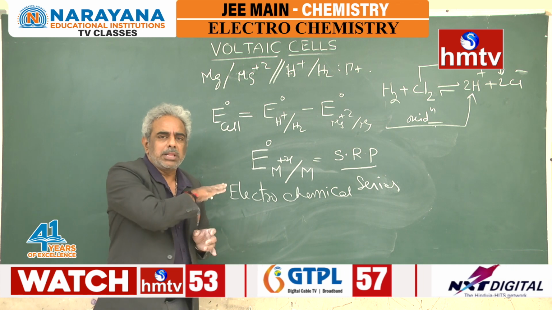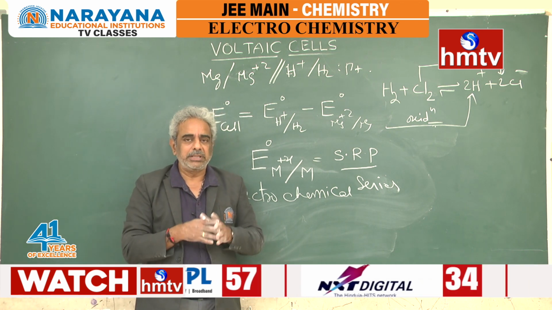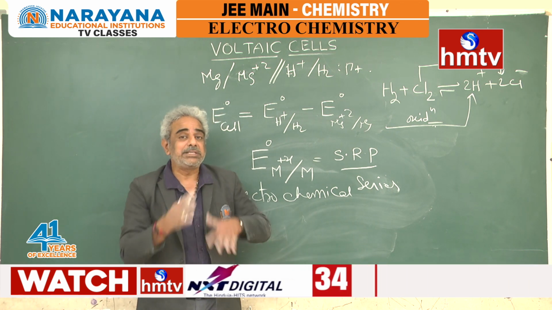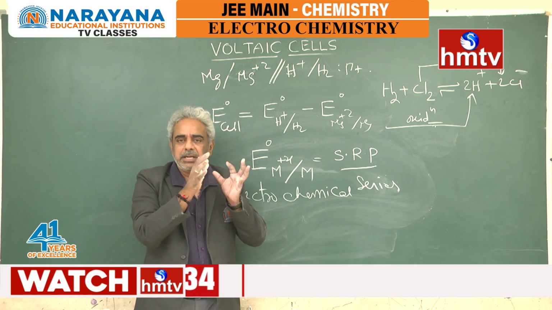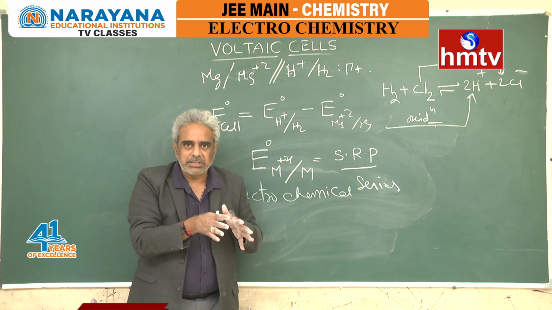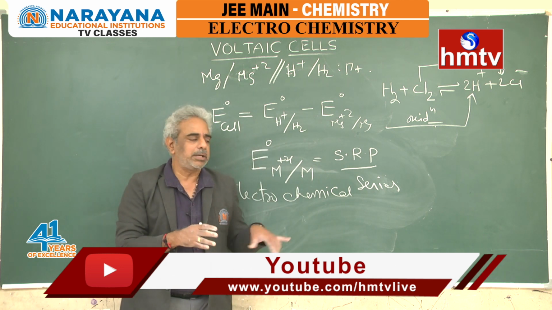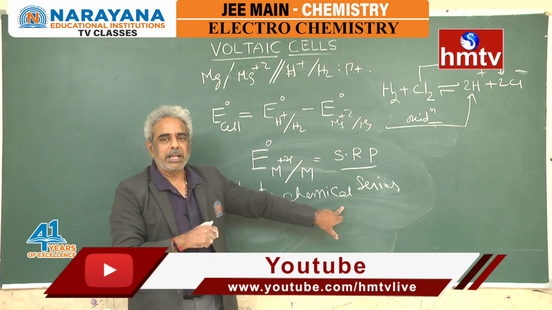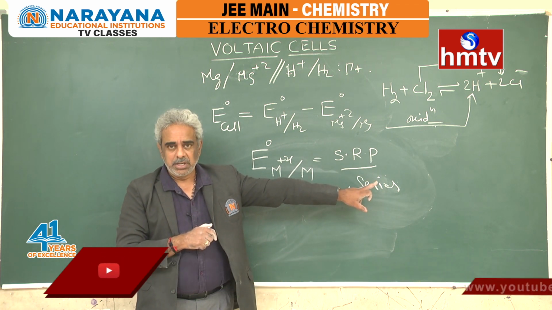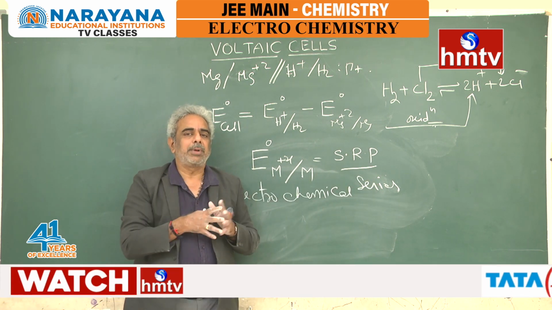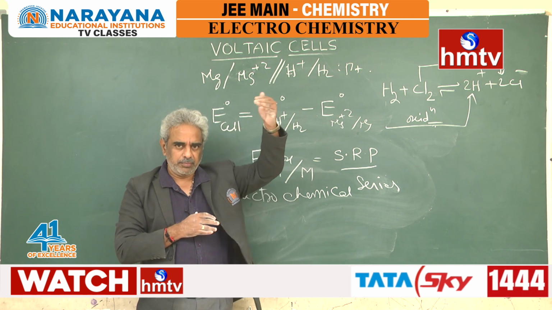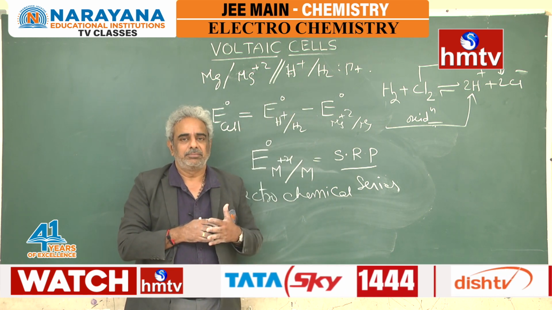You keep all the half cells in a tabulated form in either ascending or descending order of their standard reduction potentials, and that particular series kept in a table, we call the electrochemical series. So, about this electrochemical series, what conclusions can we make?